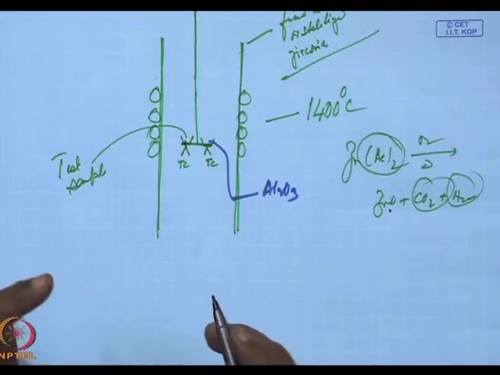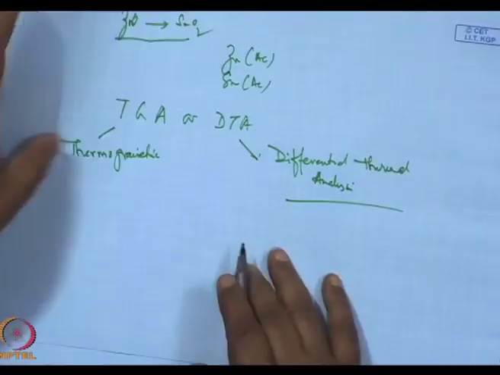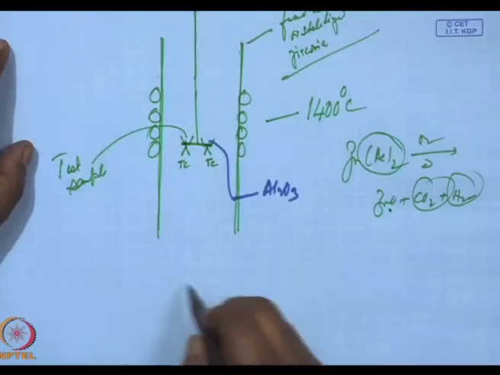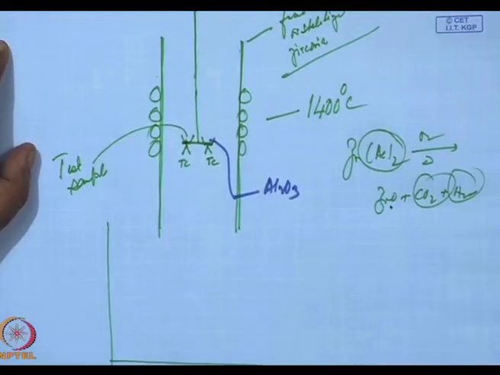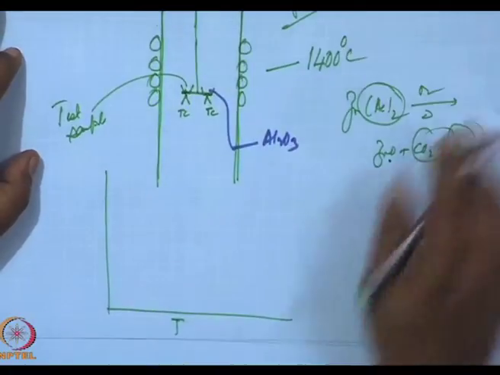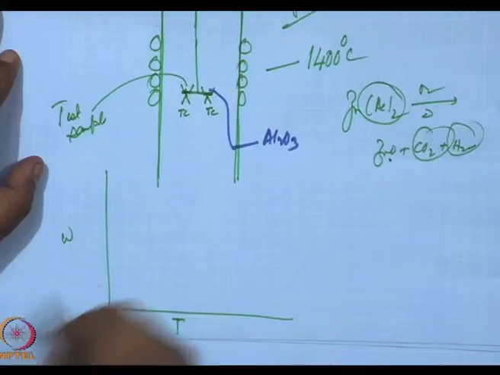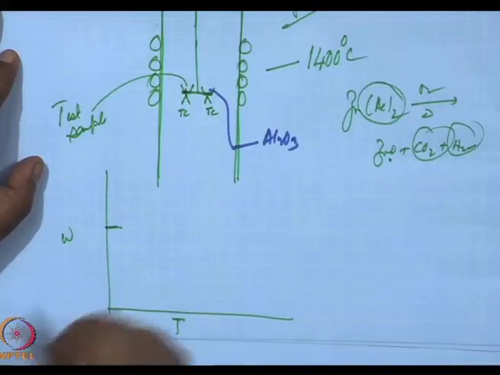This is thermogravimetric analysis, TGA. By varying the temperature of this furnace continuously, let us say this is the temperature scale and this is the weight. Let us say the weight is initially 20 milligrams.